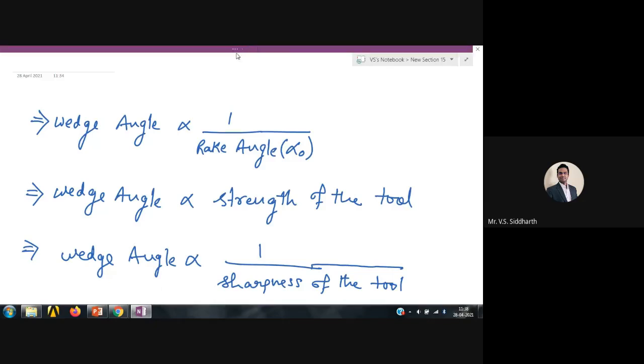Here I am drawing one more small diagram.